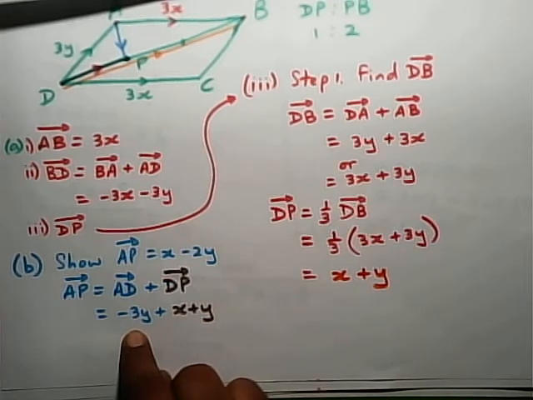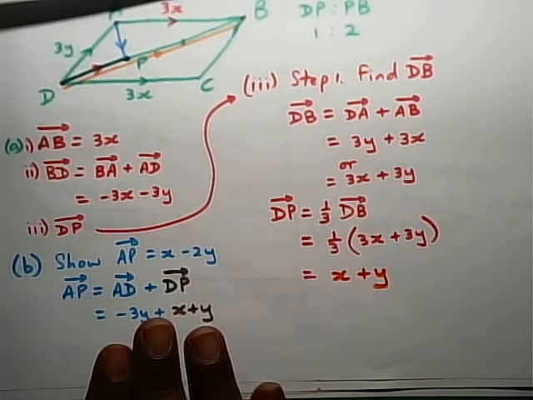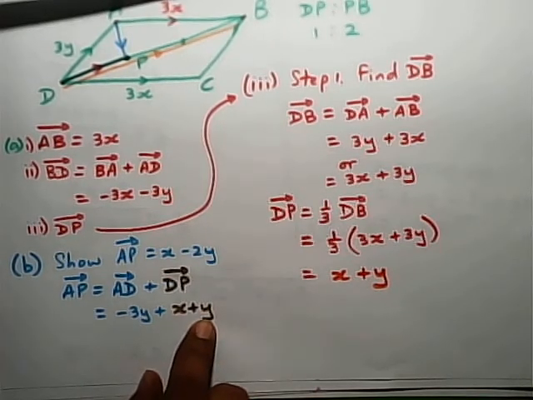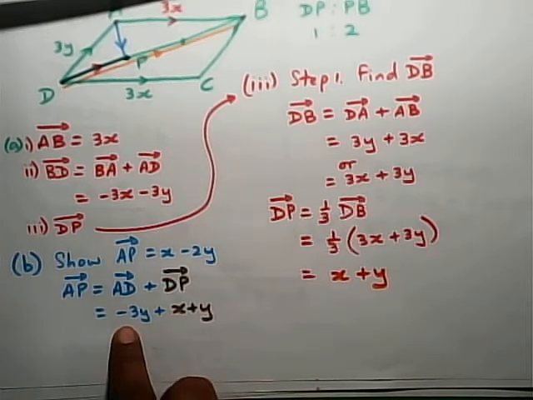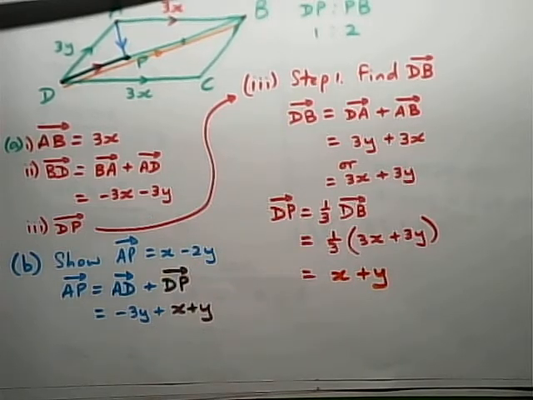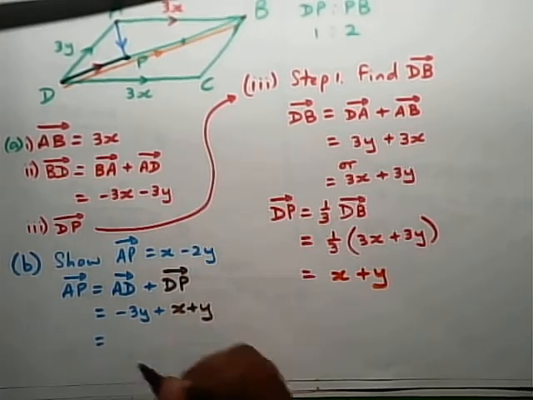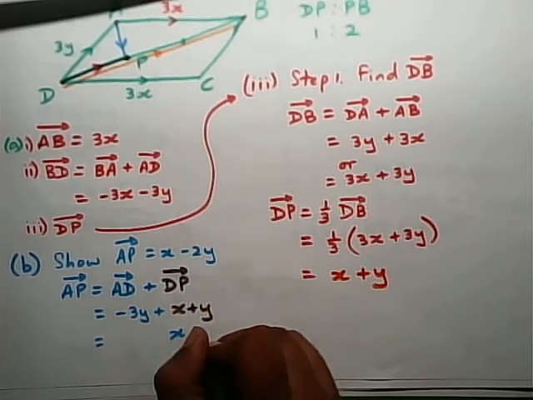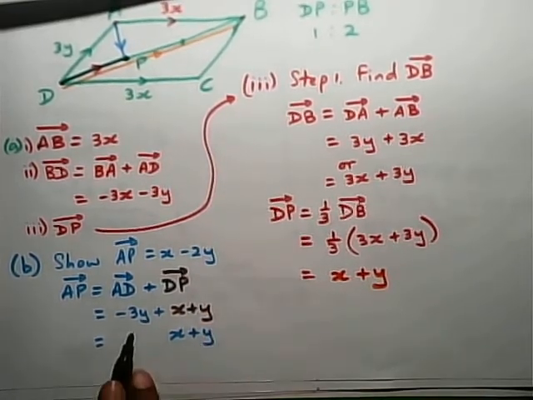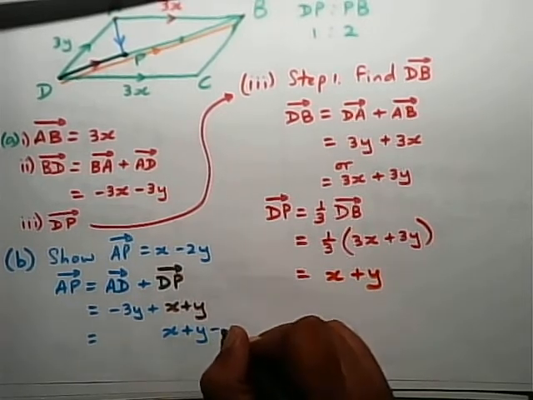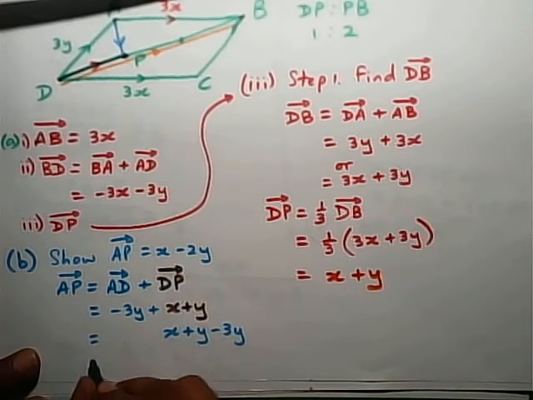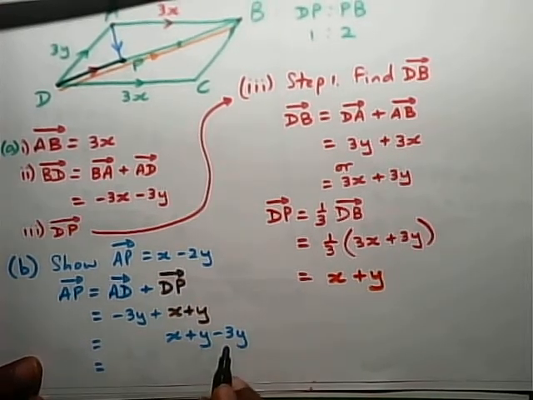Go for an elevator ride: 1 and then you go down 3. You'll end up at minus 2. 1y take away 3y's gives you minus 2y's.